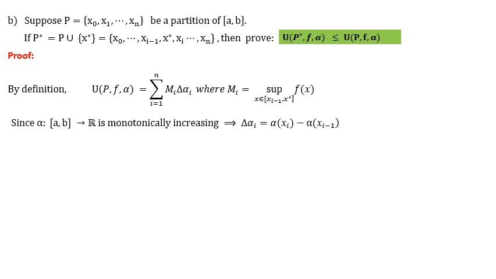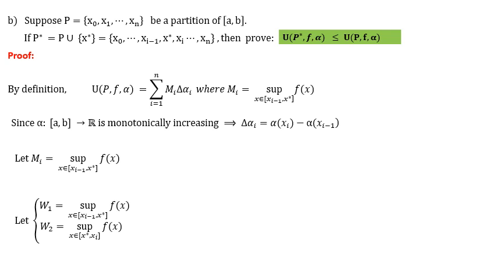Again, it's a monotonically increasing function, therefore delta alpha I is alpha x sub I minus alpha x sub I minus 1. We'll let capital M sub I be the supremum of its interval, and we're going to let capital W sub 1 be the supremum of the smaller partitioned interval or redefined partition interval, and W2 be the supremum of the redefined partition interval on the right hand side.